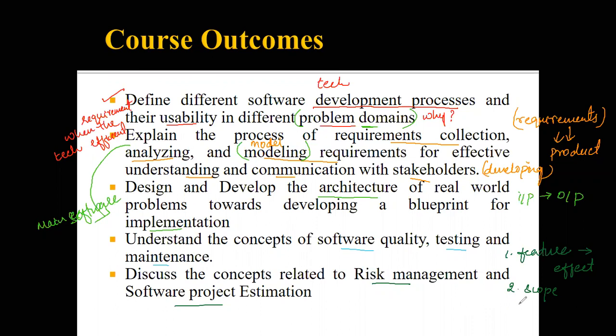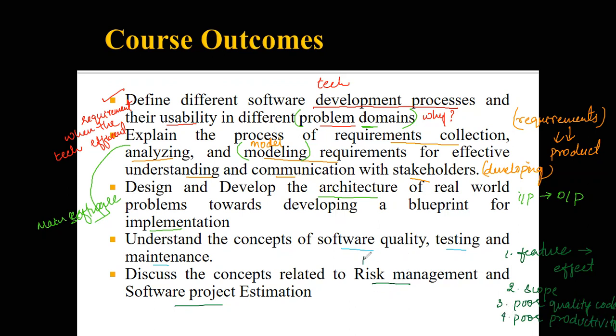The other can be poor quality of the code. Your code is very poor, so it can have many bugs in it, and poor productivity, meaning the software that you're developing is not a high-end software, that is, it does not have the best quality.